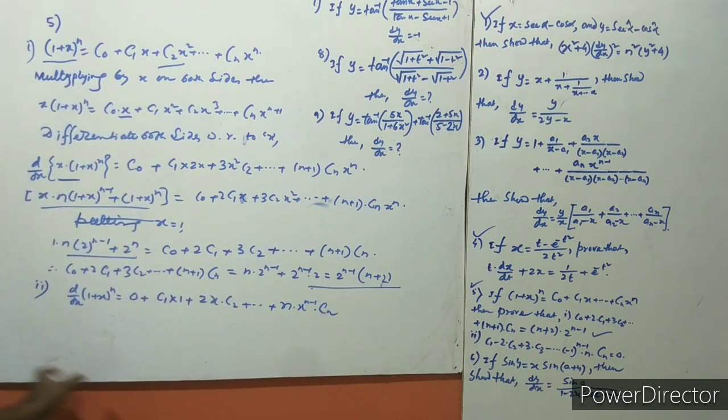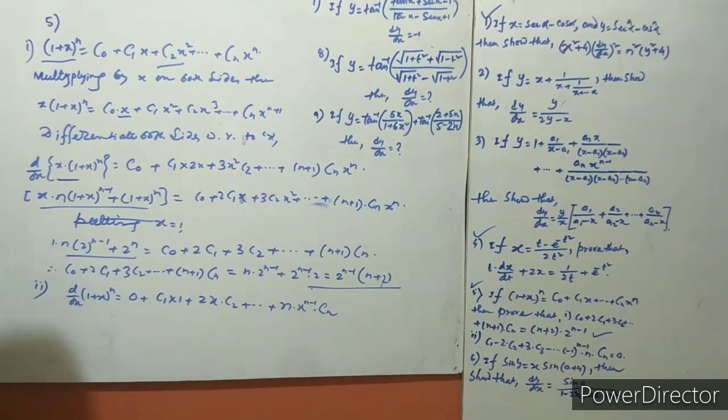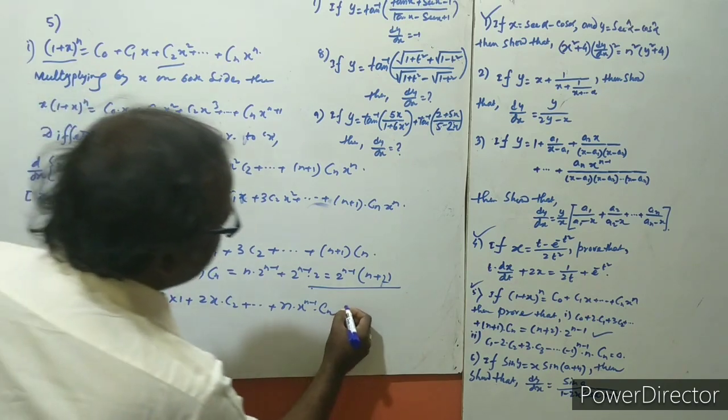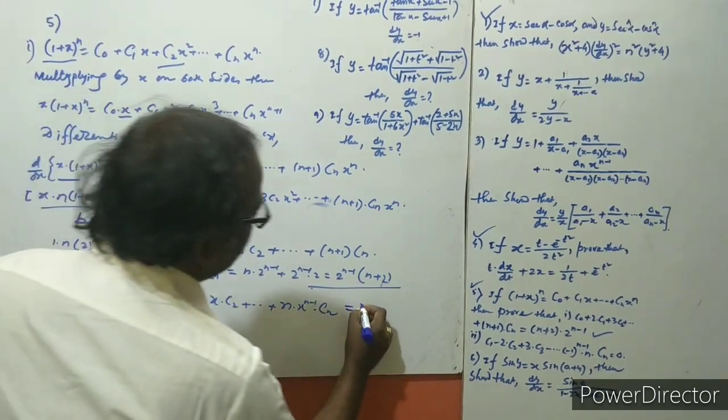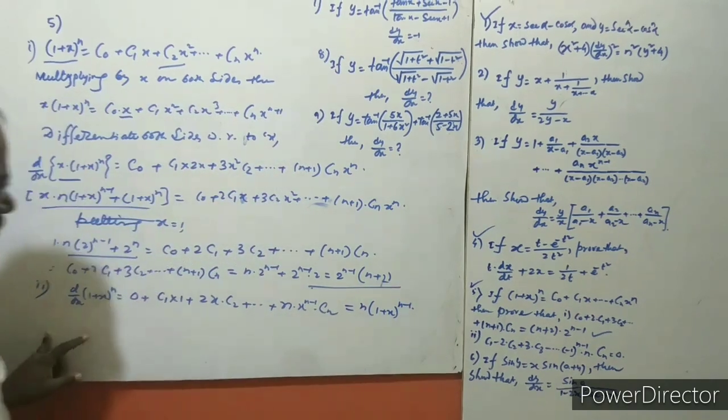Differentiating the left side, we get n into 1 plus x to the power n minus 1.